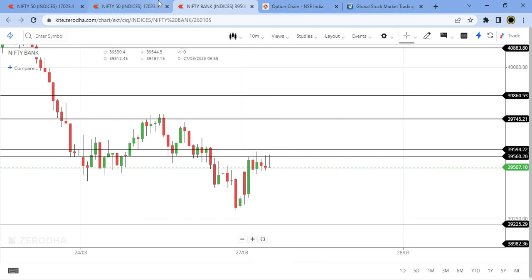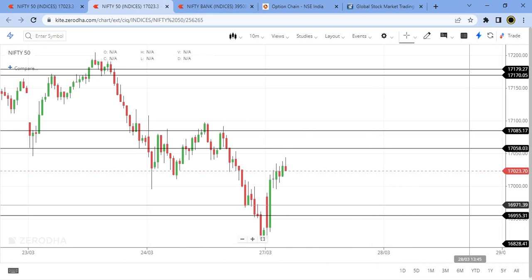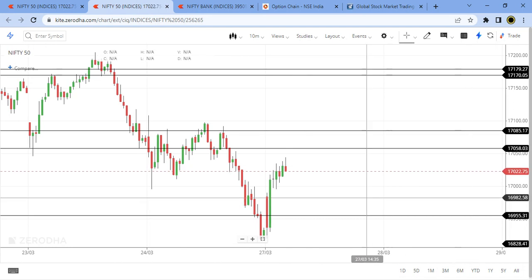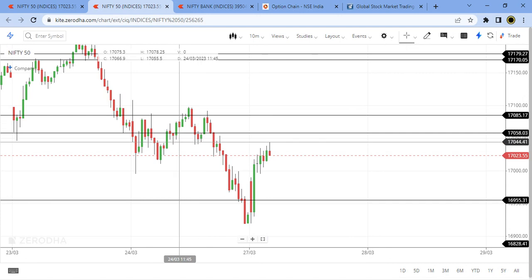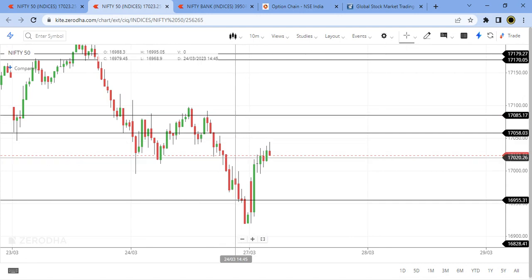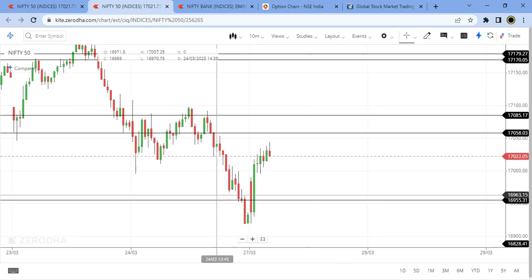So let's look at the Nifty 50. Here we have a Nifty 50 chart, and this is exactly the last levels we drew on Friday. Resistance is 17,050 to 17,080, which acts as an important resistance zone.